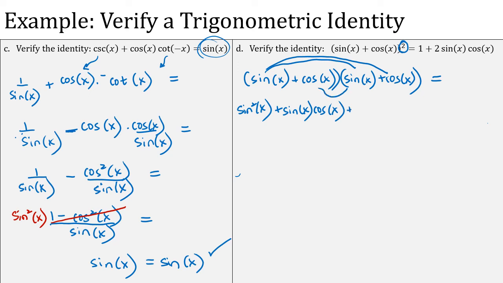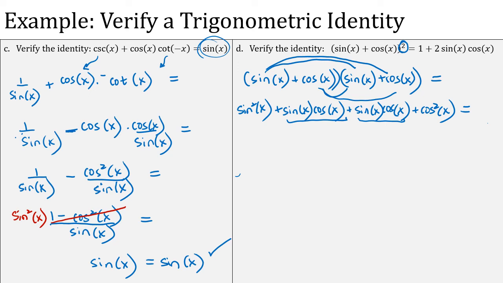Now I can rewrite that as cosine of x times sine of x, or I could call that simply the sine of x times the cosine of x, which I think I'll do so that they look the same, right? We've got some like terms here. And then finally, cosine of x times cosine of x is plus cosine squared x. Okay, that was a lot, wasn't it?